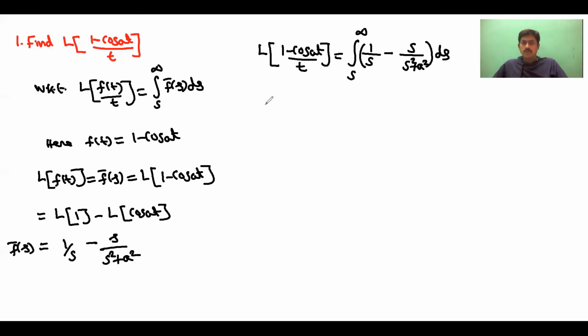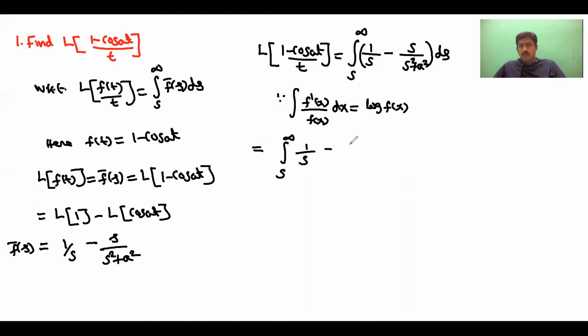If you observe the integral, if you differentiate the denominator, we get the numerator, but for the second integral we have to introduce 1 by 2 to get that form. Since the integral of f dash of x divided by f of x dx equals log of f of x, to apply this formula I introduce 1 by 2 in the second integral, that is 2s divided by s square plus a square.